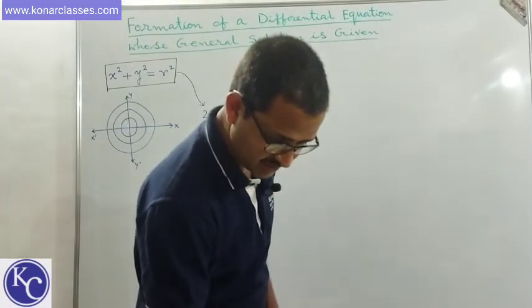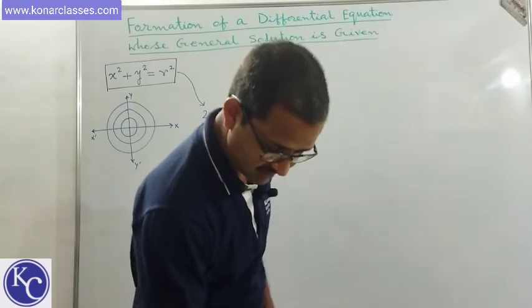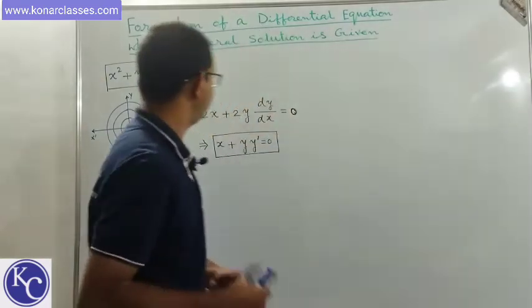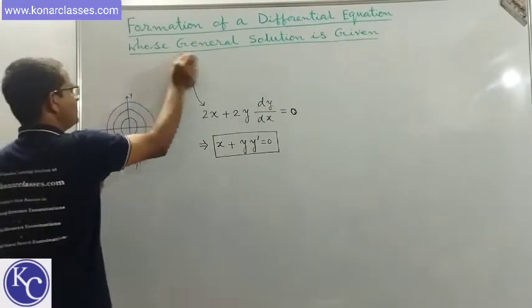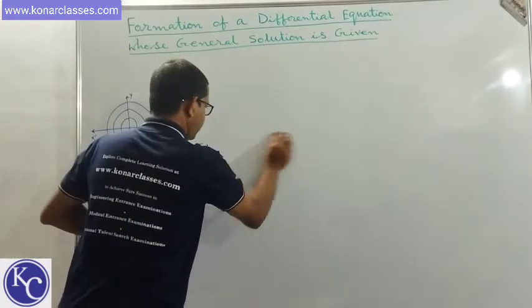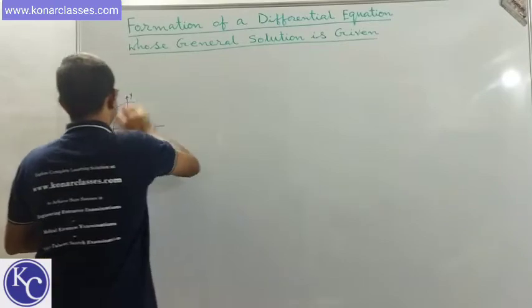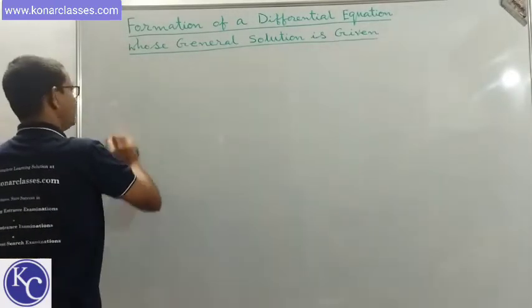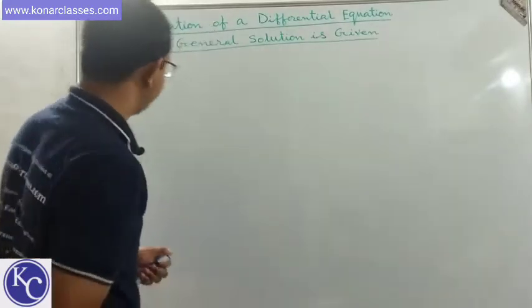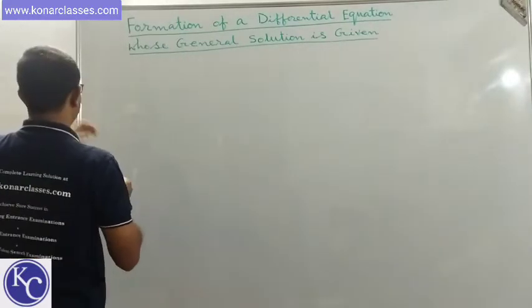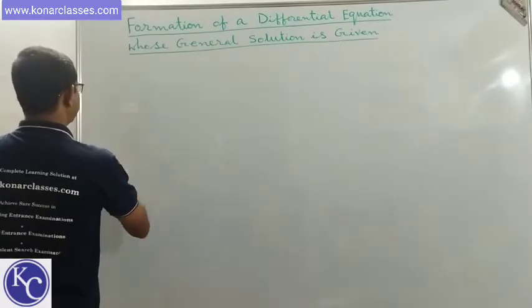So now the next equation I am going to write is something like this: y equal to mx plus c. All of you are aware what y equal to mx plus c represents. Okay, this is the general equation of a straight line having slope m and y-intercept c units.